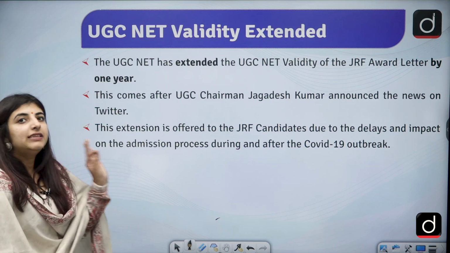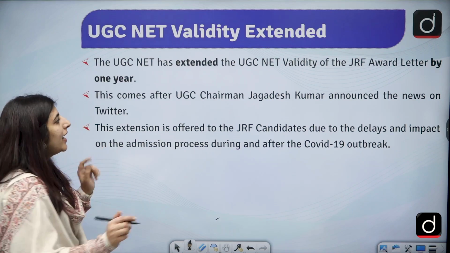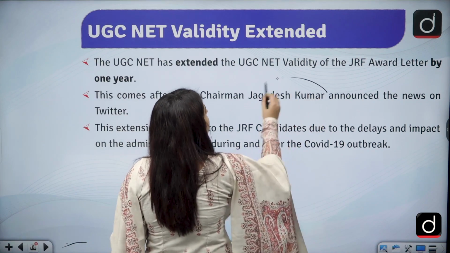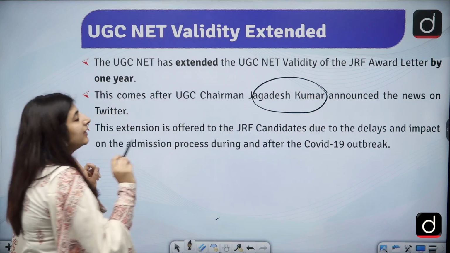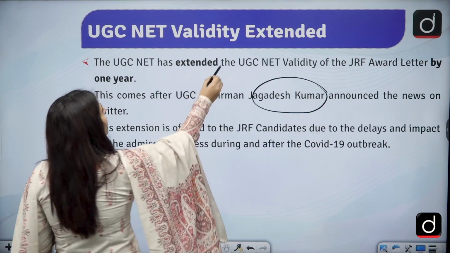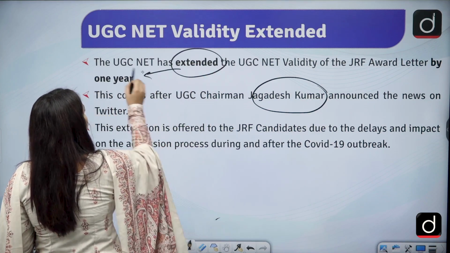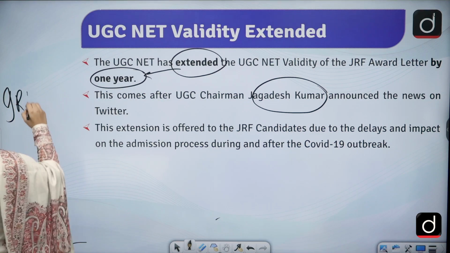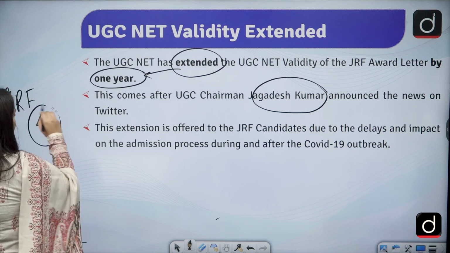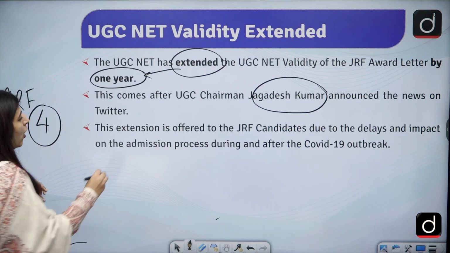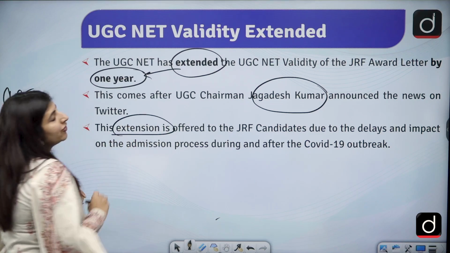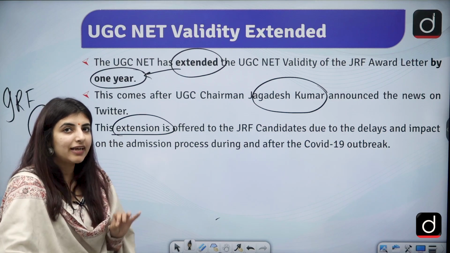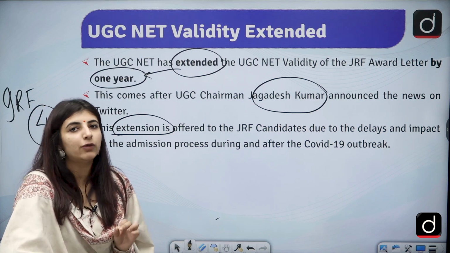Then we have this validity was extended when Jagdish Kumar announced the news on Twitter that the extension is for 1 year. So now the JRF validity is 4 years, right? Also, why was this extension offered? For the fact that the COVID-19 outbreak was there.